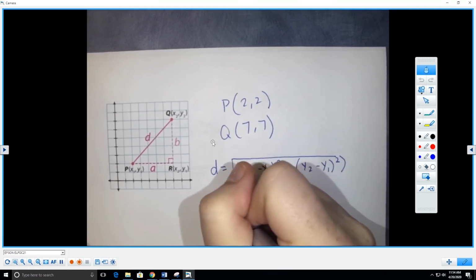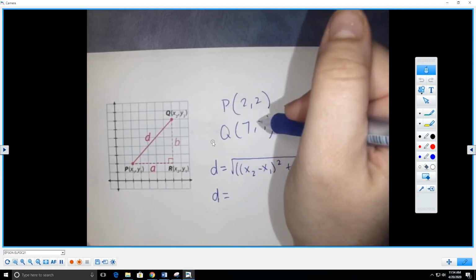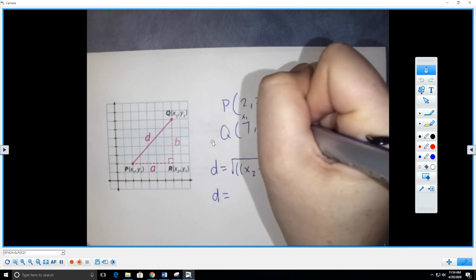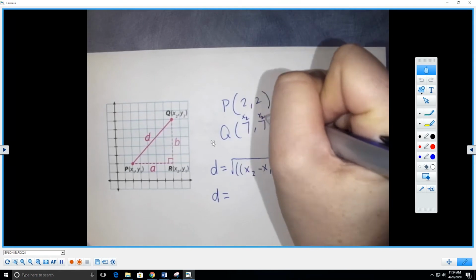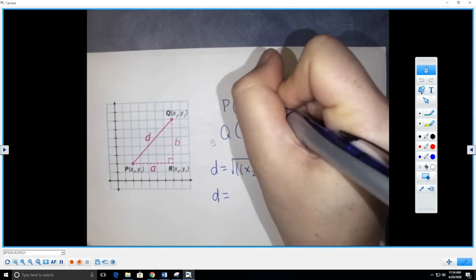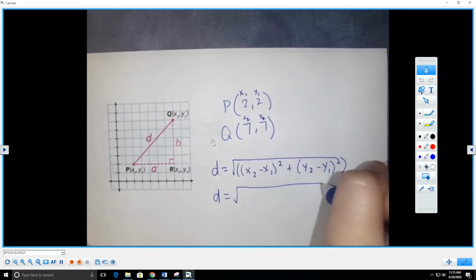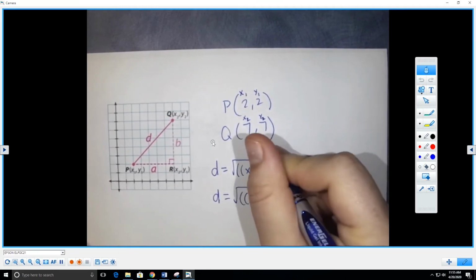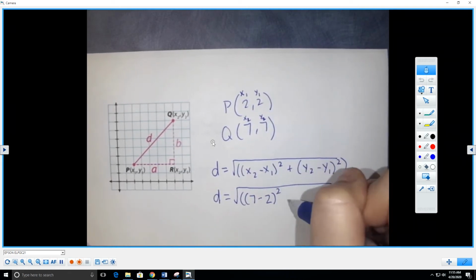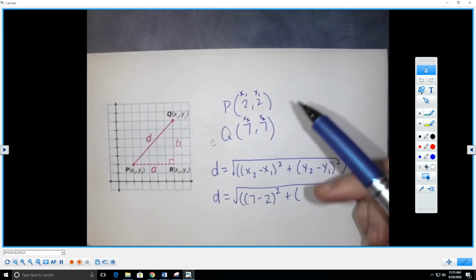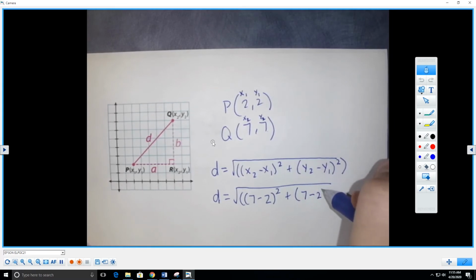We'll label these accordingly: x2, y2, and x1, y1. All right, so we've got the square root of x2, which is 7, minus x1, which is 2, squared, plus y2, which is 7, minus y1, which is 2, squared.